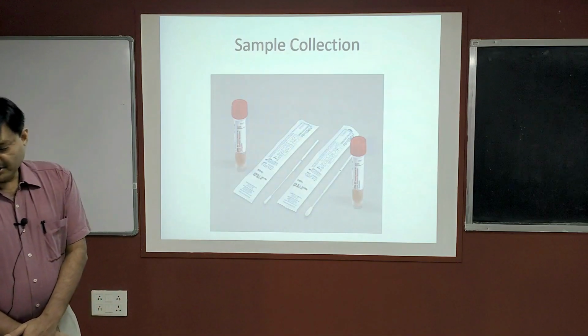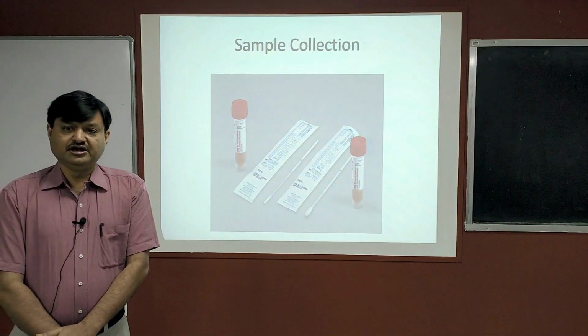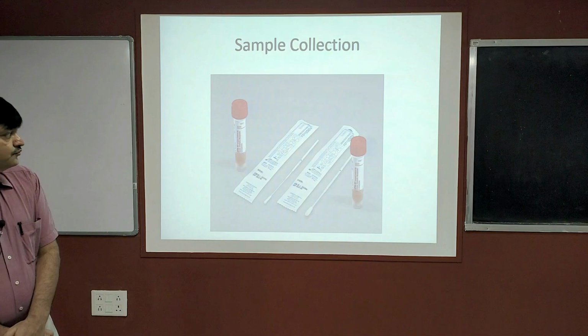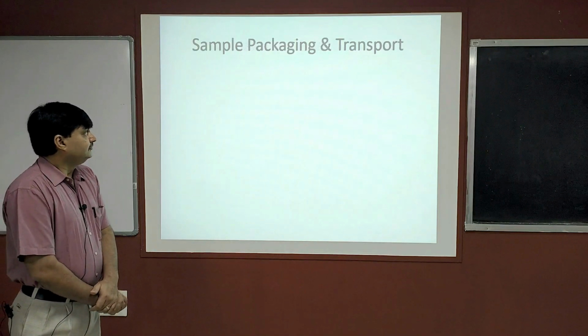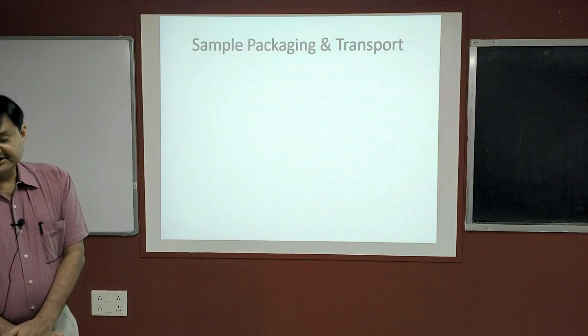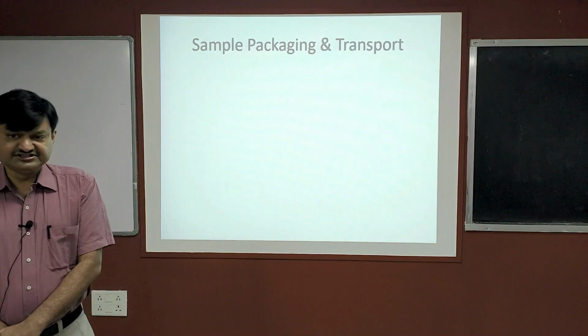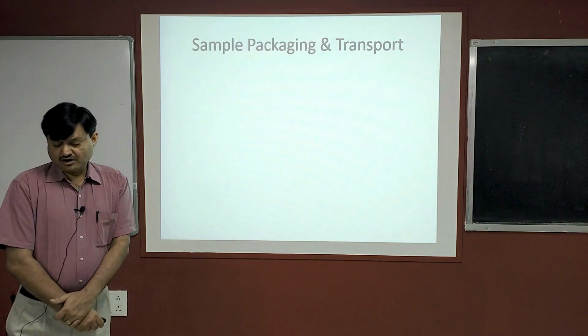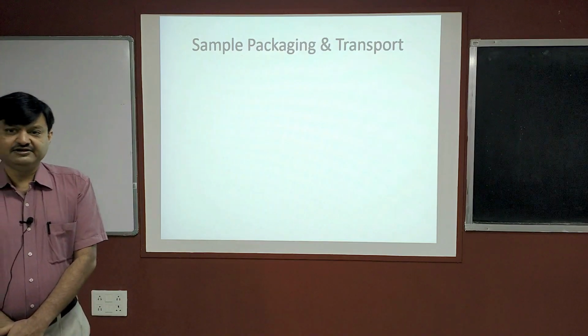The collection of the specimen is to be done only in virus transport media or VTM. This VTM contains certain nutritional substances and stabilizing agents, so the fragile virus will not get destroyed or inactivated.